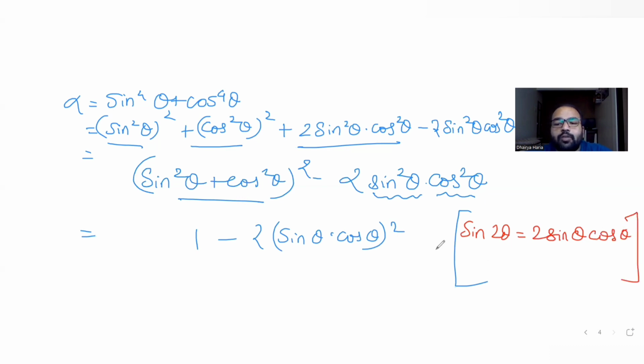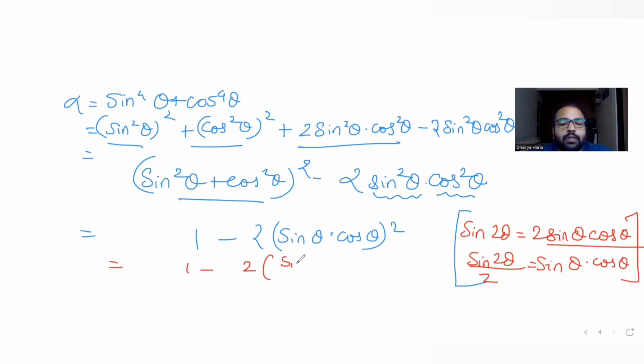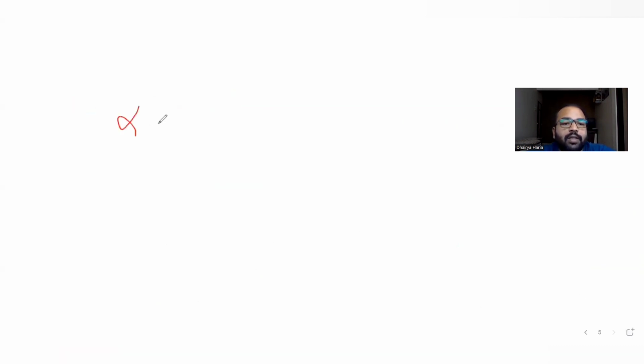So I can write sine theta cos theta as sine 2 theta by 2, right? So this becomes 1 minus 2 sine 2 theta by 2 the whole square. So it becomes 1 minus 2 sine square 2 theta upon 4. So this gets cancelled. Now what I get here is alpha is 1 minus half sine square 2 theta.